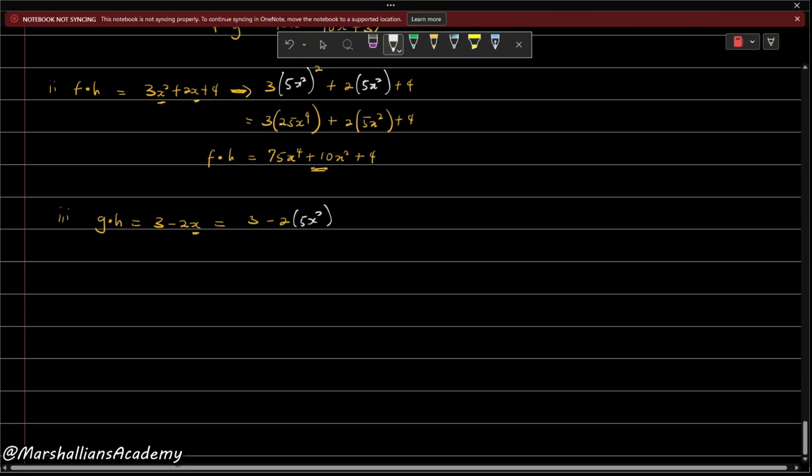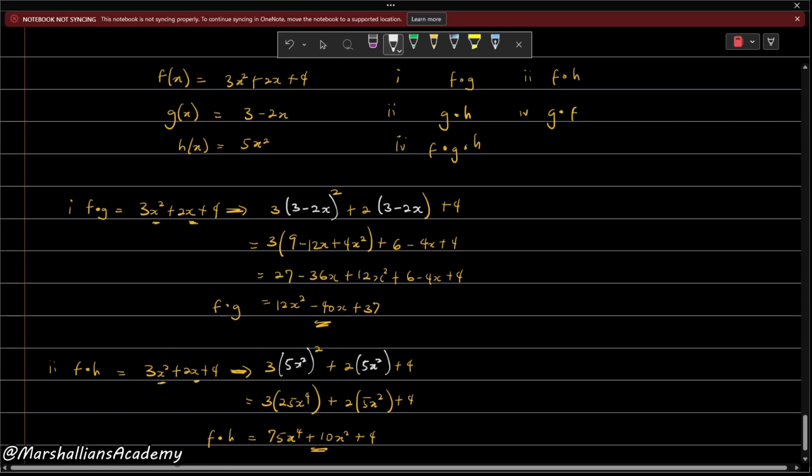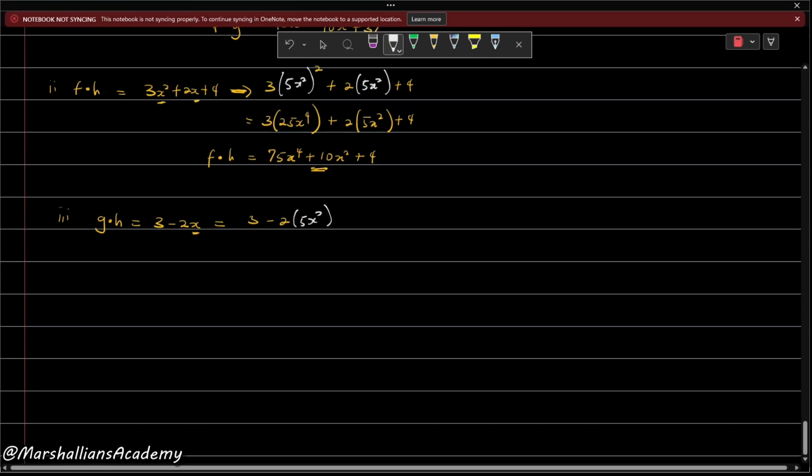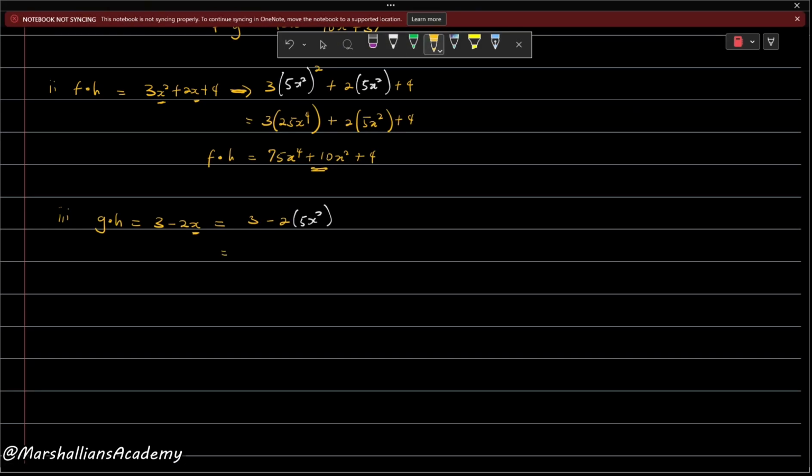Remember, h function is 5x squared. Can you see it? So I'm putting it inside the x variable of g. And let me FOIL. I'm going to be having 3 minus 2 times 5 is 10x squared. And this is all. This is g of h. Quite excellently done. Nothing more to do.